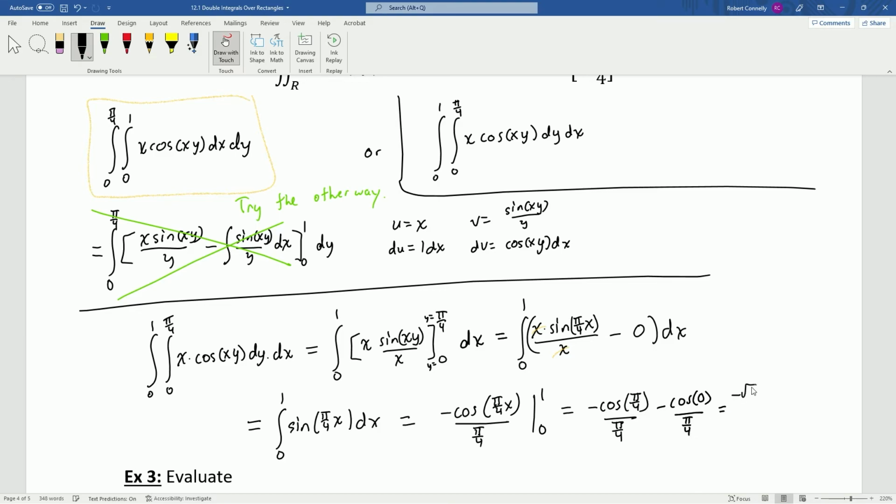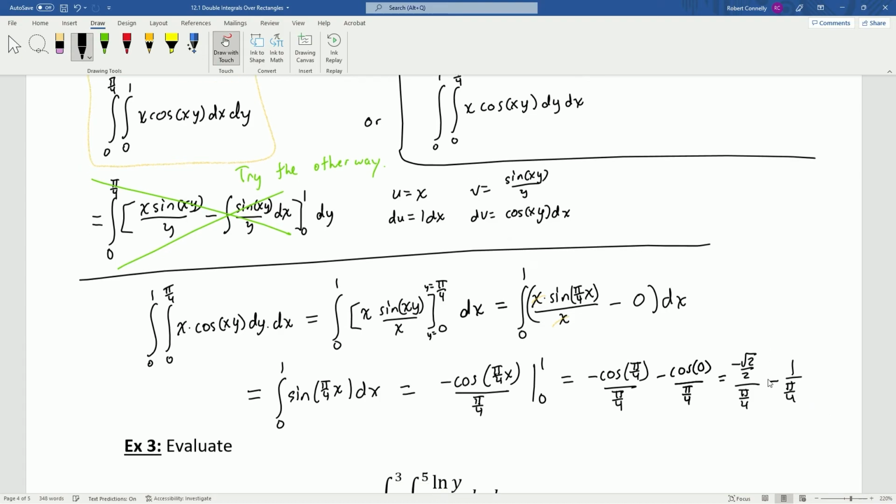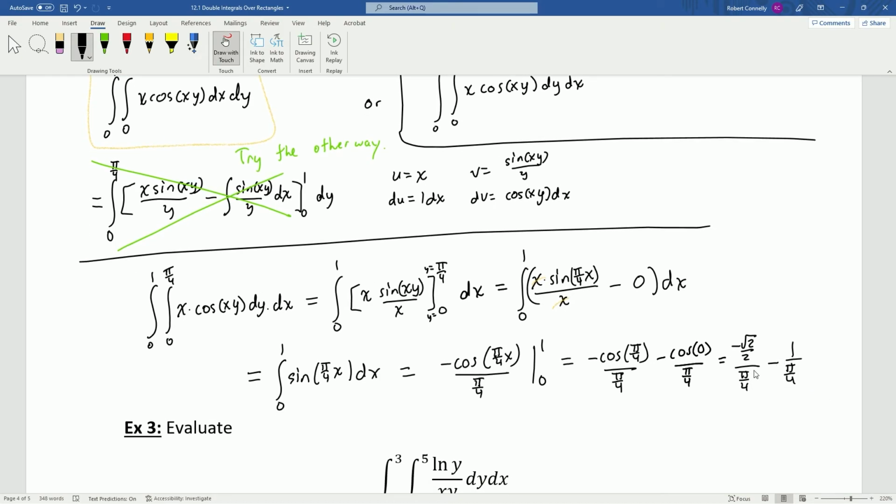So this is negative root 2 over 2 divided by pi over 4 minus 1 divided by pi over 4. Now division is multiplication by the reciprocal, so I can clean these up a little bit and make this negative 4 root 2 over 2 pi minus 4 over pi. 4 over 2 is 2, and so this is negative 2 root 2 minus 4, all over pi.